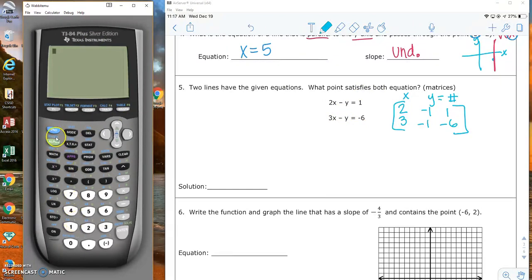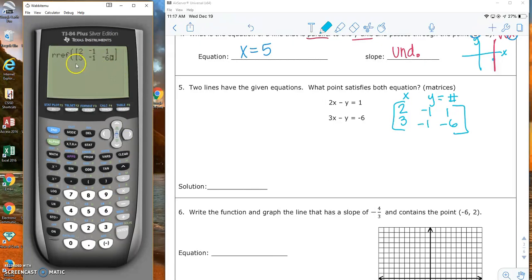So over here in my calculator, I'm going to click second matrix, scroll to math, scroll up to B, enter, and then alpha zoom. I want a 2 by 3, and OK. And then with these, every time you enter a new number, you have to click the right arrow. Remember, if you click enter, it will do the really rapid equation fixer on all of the numbers that you have currently put in.